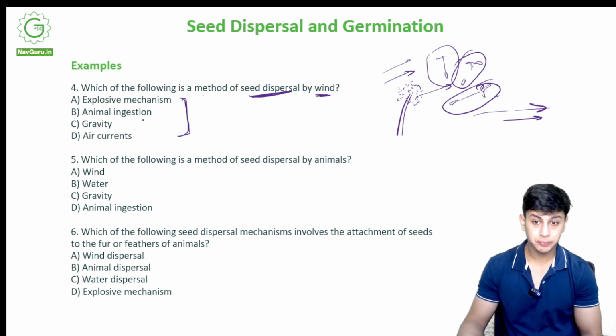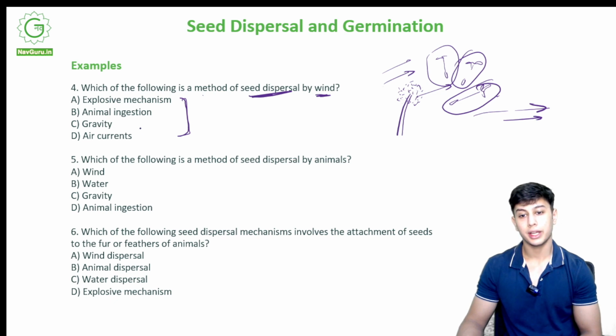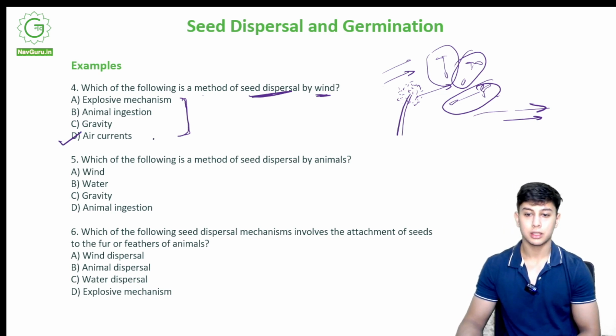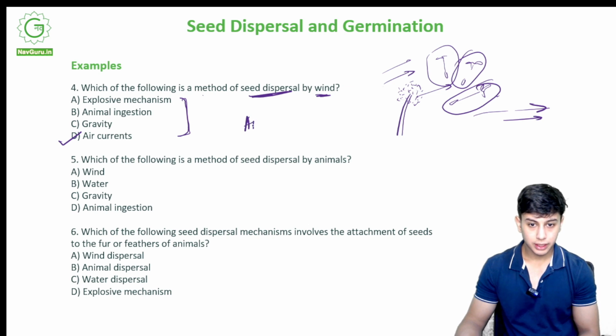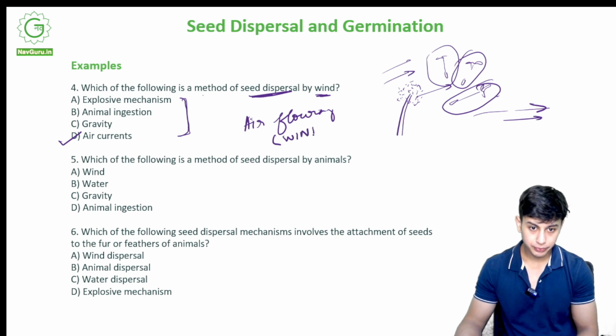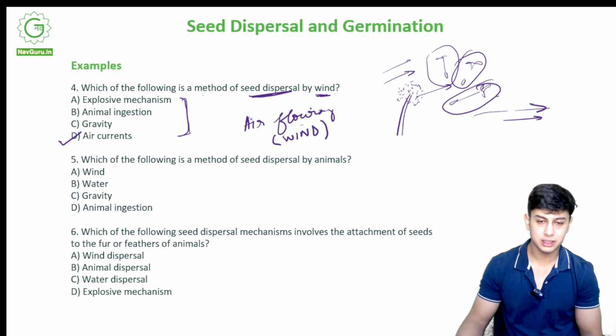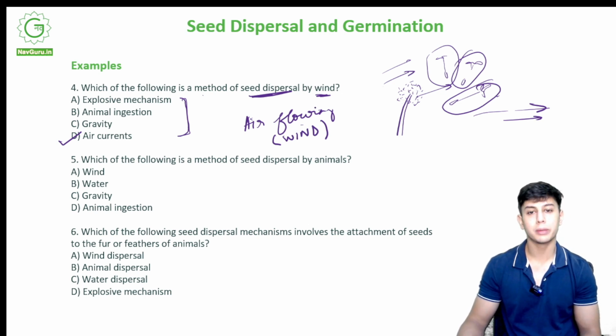Explosive mechanism, animal ingestion, gravity or air currents. The correct answer would be D, air currents. Air currents means air flowing, which also means wind. Maybe there's a storm, a very strong wind blowing.